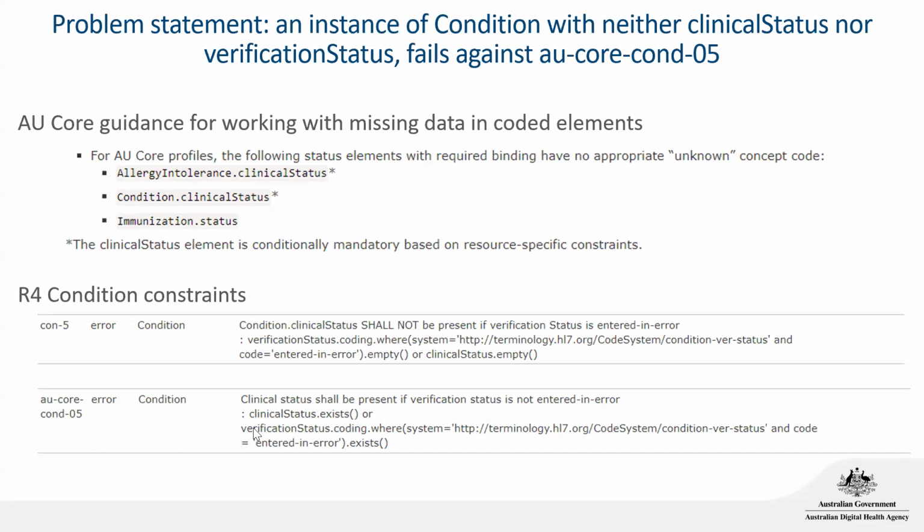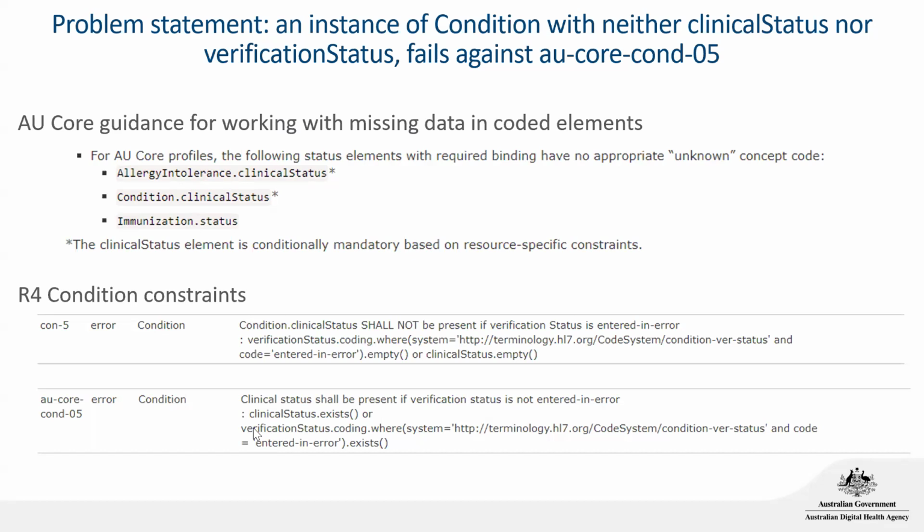At the top of that slide as well, I put in a screenshot from AU Core and the guidance for working with missing data in coded elements, because that applies to clinical status in allergy intolerance, condition and the immunization resource.